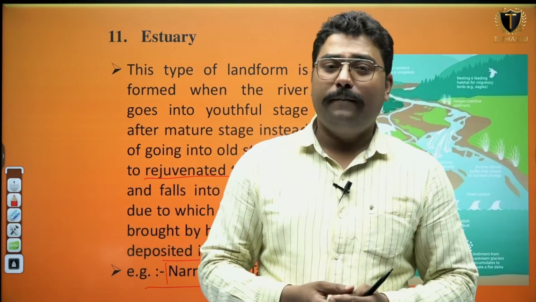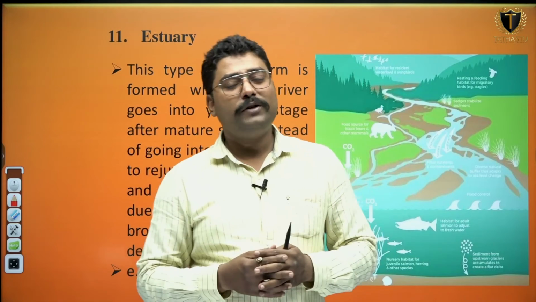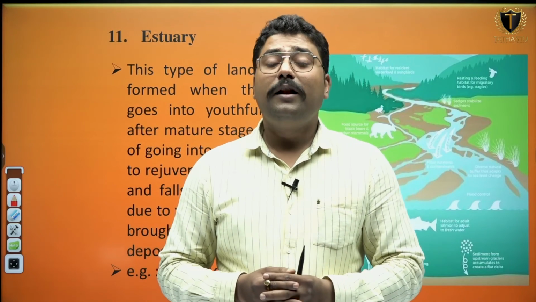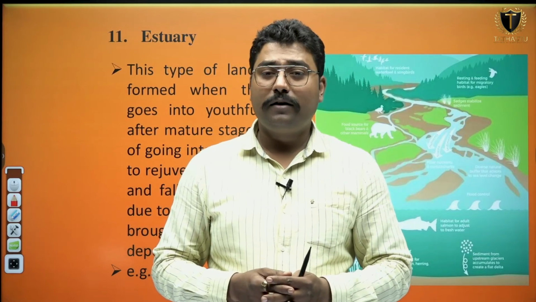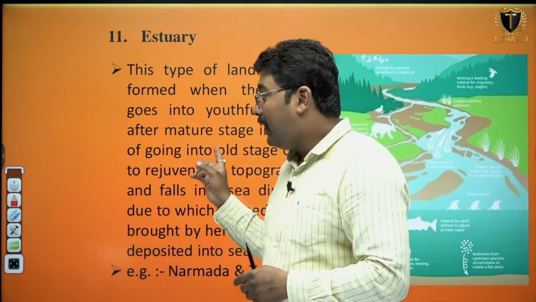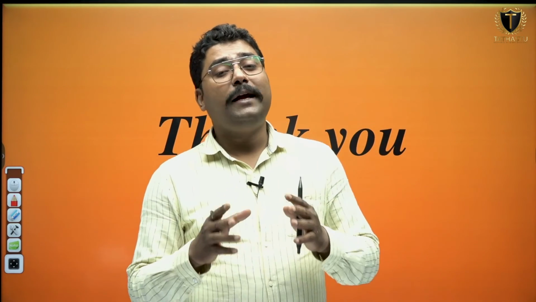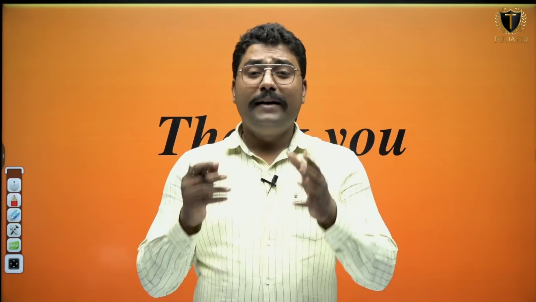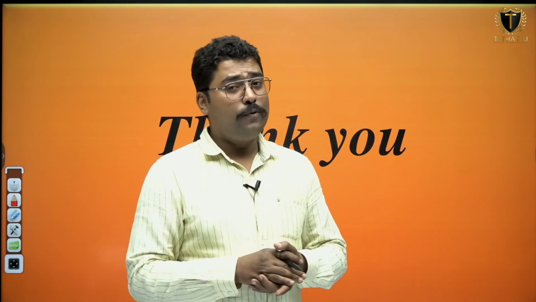So in this way, the erosional and the depositional features made by river, which are also known as fluvial landform features or features made by running water, come to an end. In the coming lectures, we will see the landforms made by wind, glacier, and karst topography.